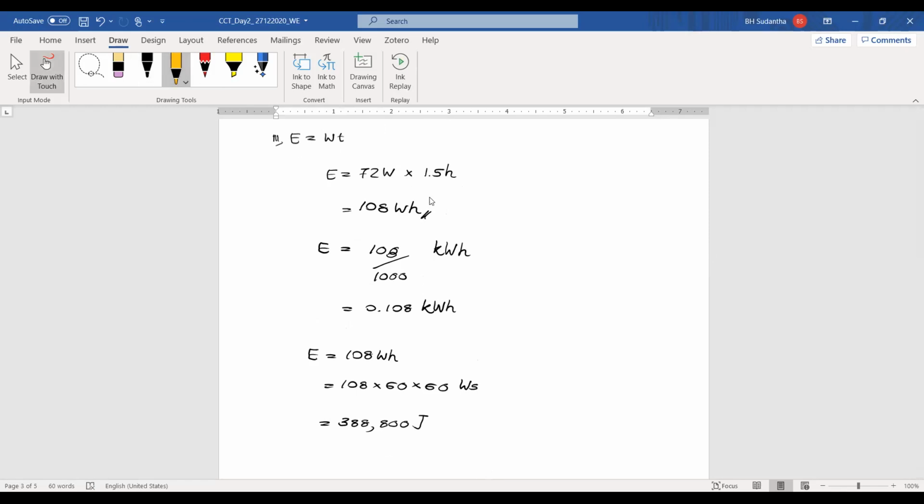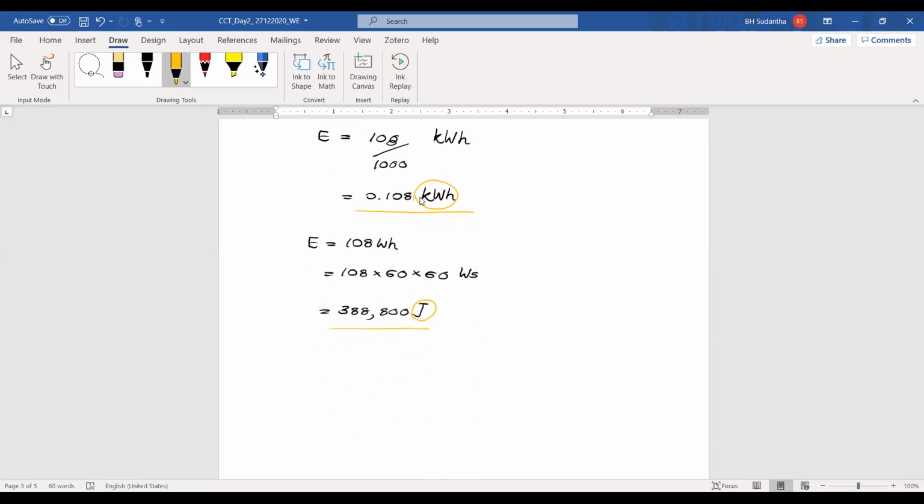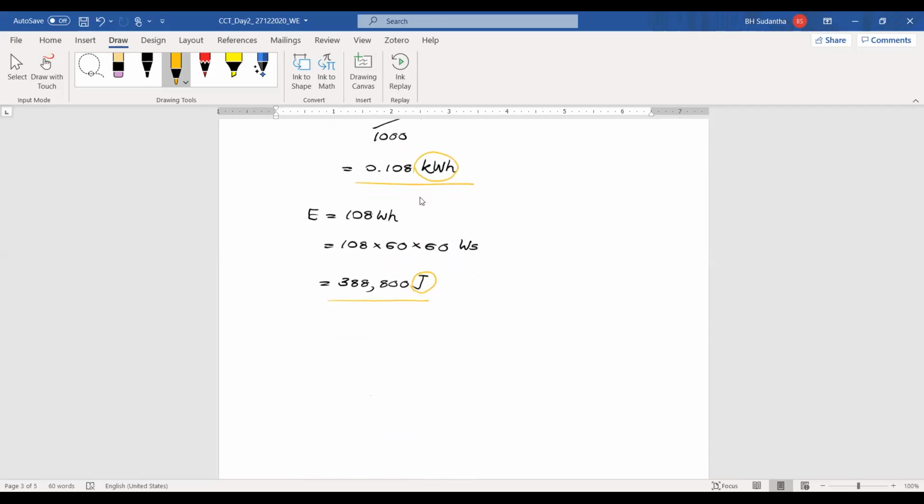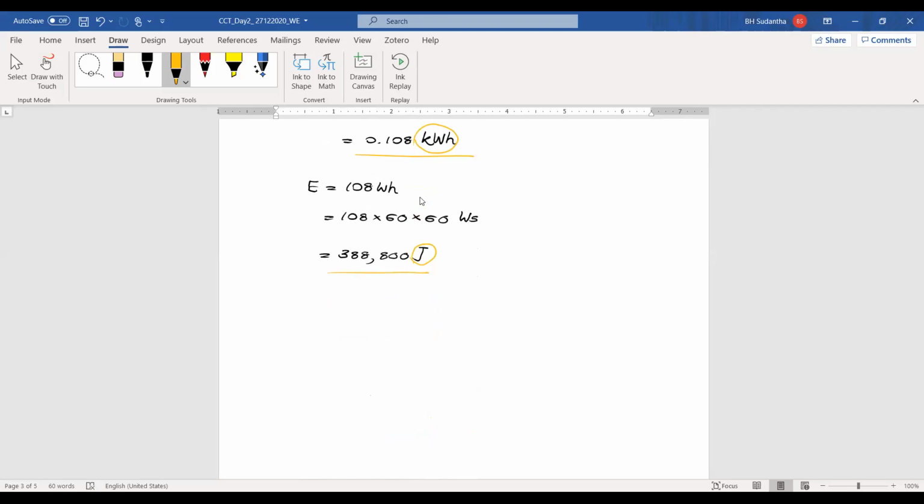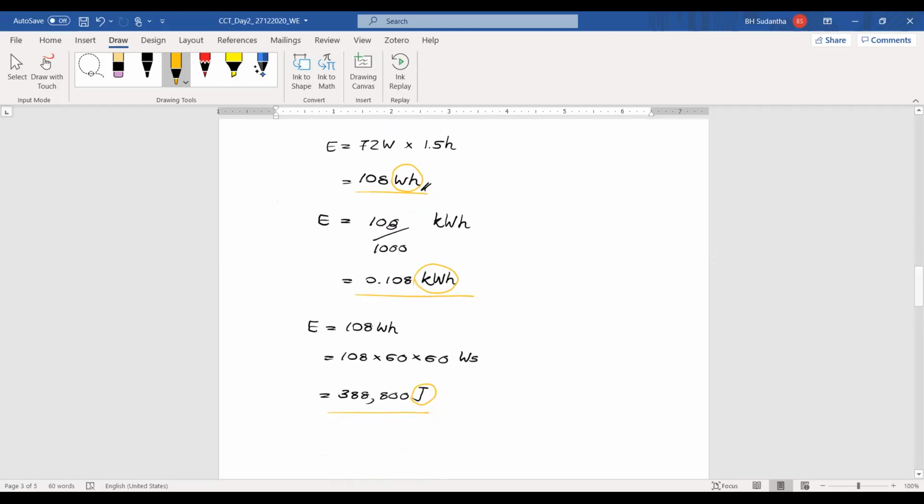This one is in watt hours, this one is a different one, kilowatt hours, and this is the same thing but in joules. Any questions? Anything regarding this?